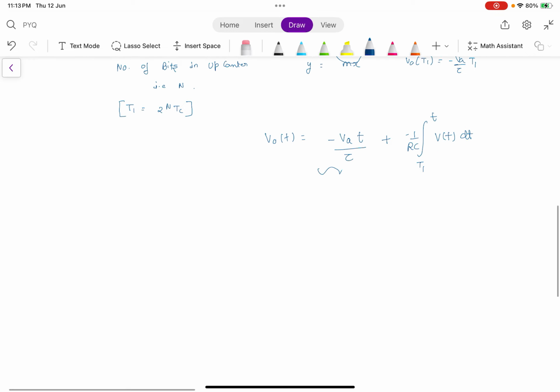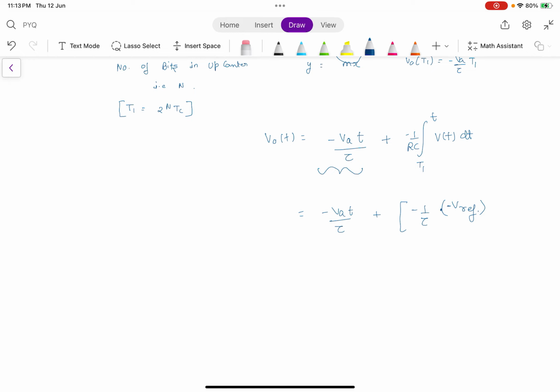This is the value up to which the integrator has integrated for the applied voltage VA. Now it gets the input as minus V reference, so I write minus 1 over tau, and Vt is nothing but minus of V reference.